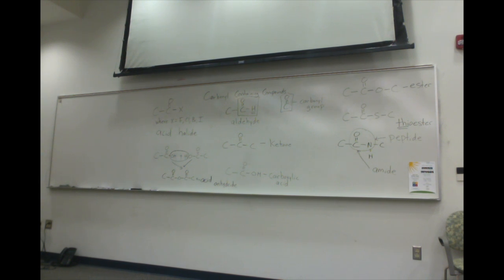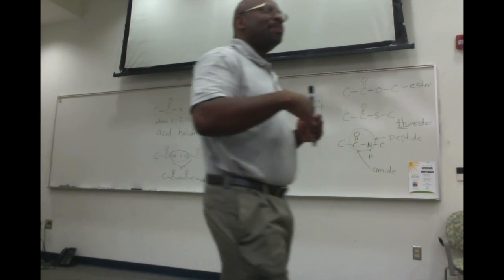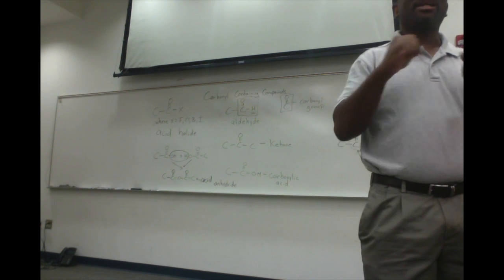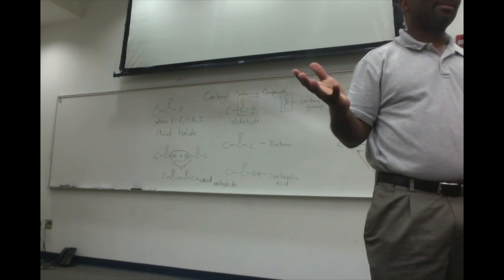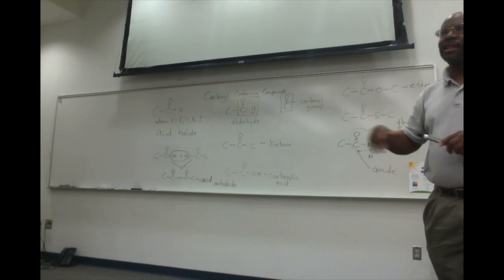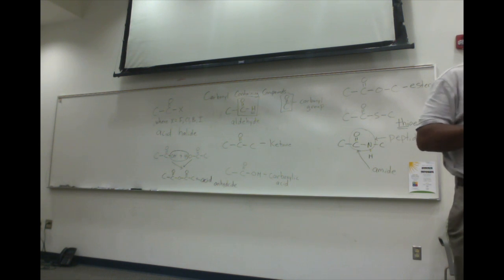Again, we could cover a whole bunch of different little functional groups, but I don't like to bombard you with so much detail that your brain blows up. We're going to stop with that particular list, and I will point out there are a bunch more.